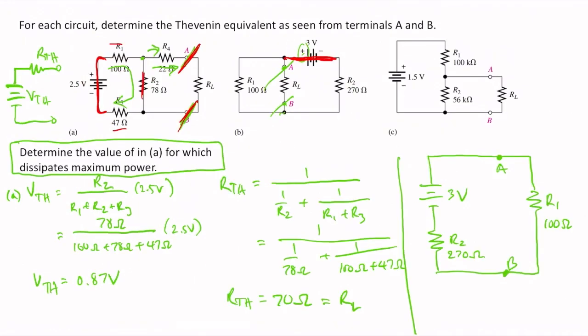Now for part C, to solve for the Thevenin voltage, we ignore the load resistance across A and B. Okay, and this is actually already familiar to you because we've already solved this type of problem in the previous example. So the Thevenin voltage is easily solved using the voltage divider equation across R2.